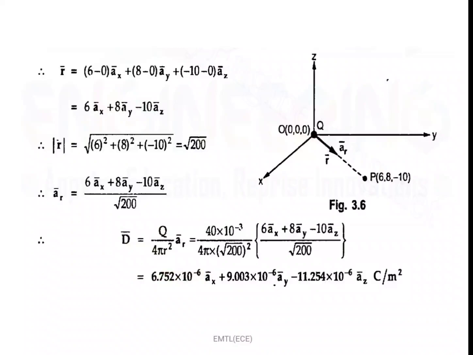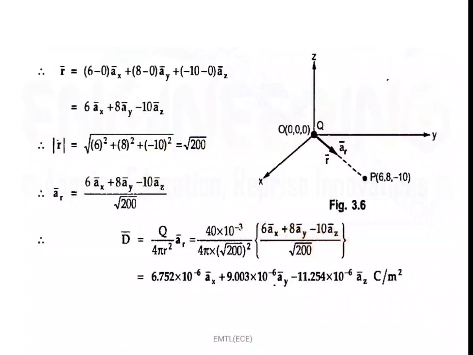So the charge Q is 40 microcoulombs. So 40 into 10 power minus 6 coulombs by 4 pi into r square, where the value of r is square root of 200 whole square, and the AR bar vector is 6 AX bar plus 8 AY bar minus 10 AZ bar by square root 200.